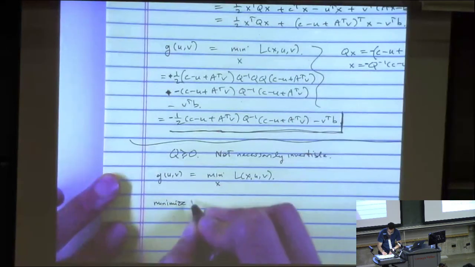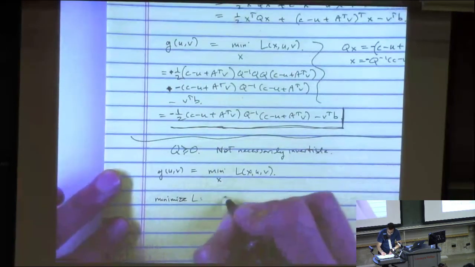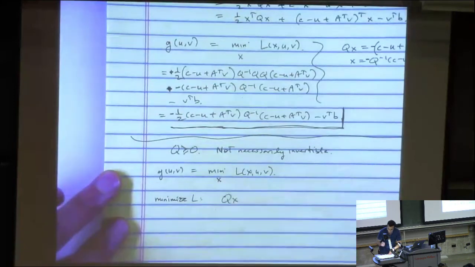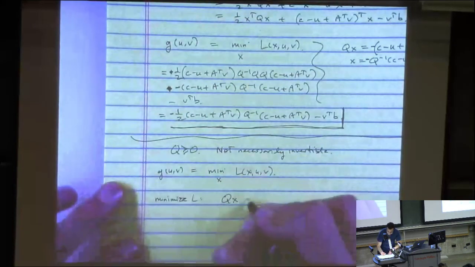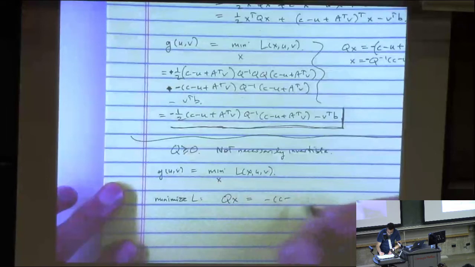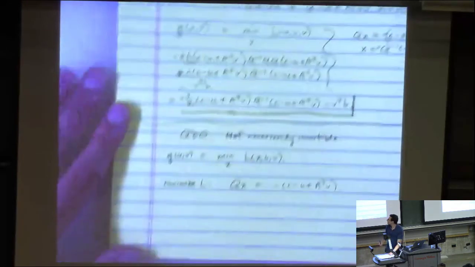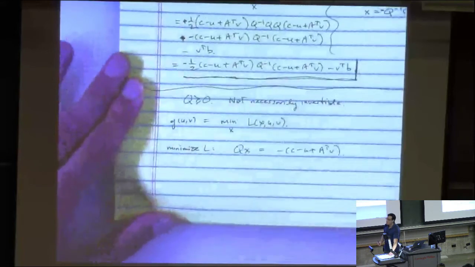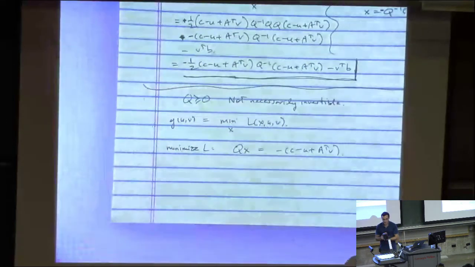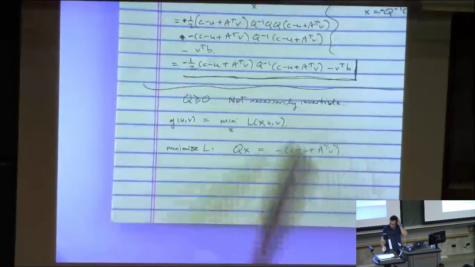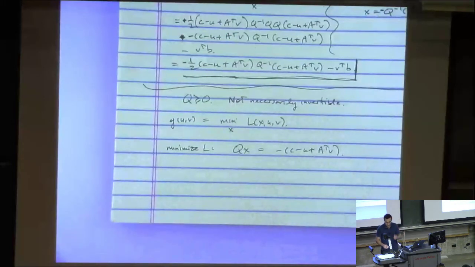We do the same thing: we take a derivative, or a gradient, of the Lagrangian with respect to x, and we derive this equation. But now Q is not invertible, so it's not as simple as saying that x is equal to Q inverse times this quantity. There are two cases we have to consider.